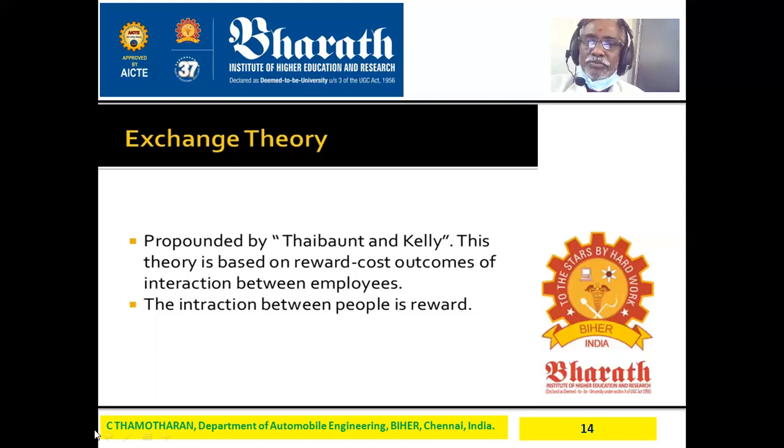Based on their performance, employees are going to be given an award, and a reward also. The interaction between people is reward.